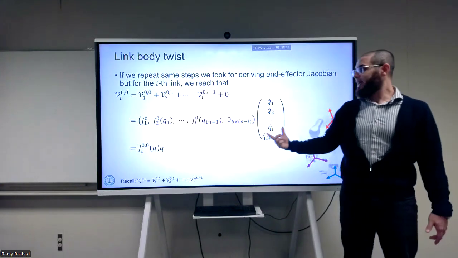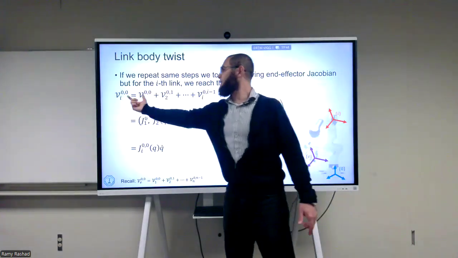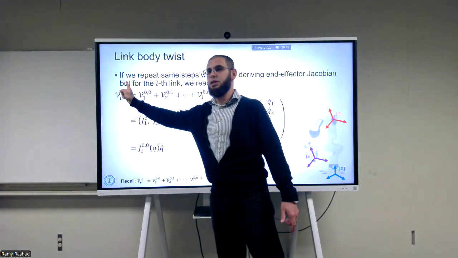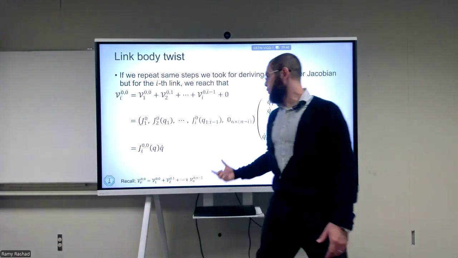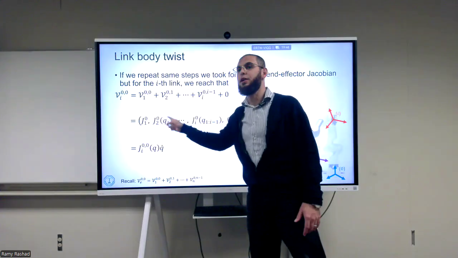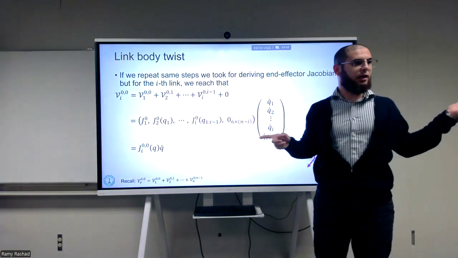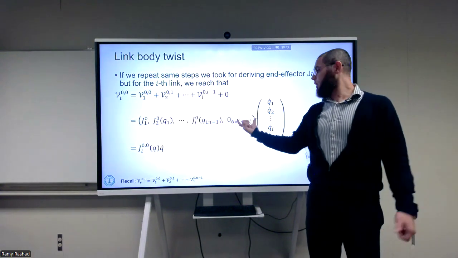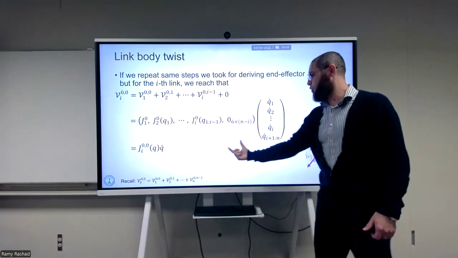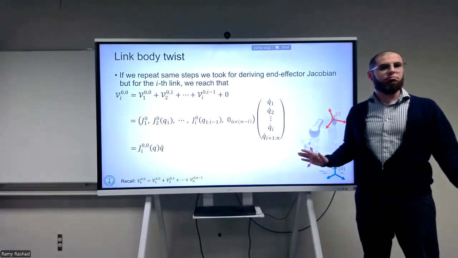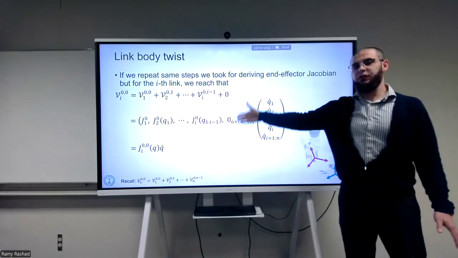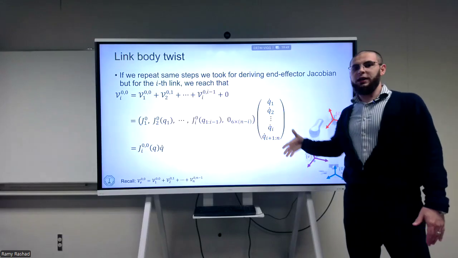So in the end, if I want to write the twist of the ith frame with respect to 0 expressed in 0, I can define a new Jacobian that has the first I columns of the end effector one, embedded with zeros in the end. And you can multiply by q dot to get the twist. Easy? I just filled in from I plus 1 up to n with zeros.